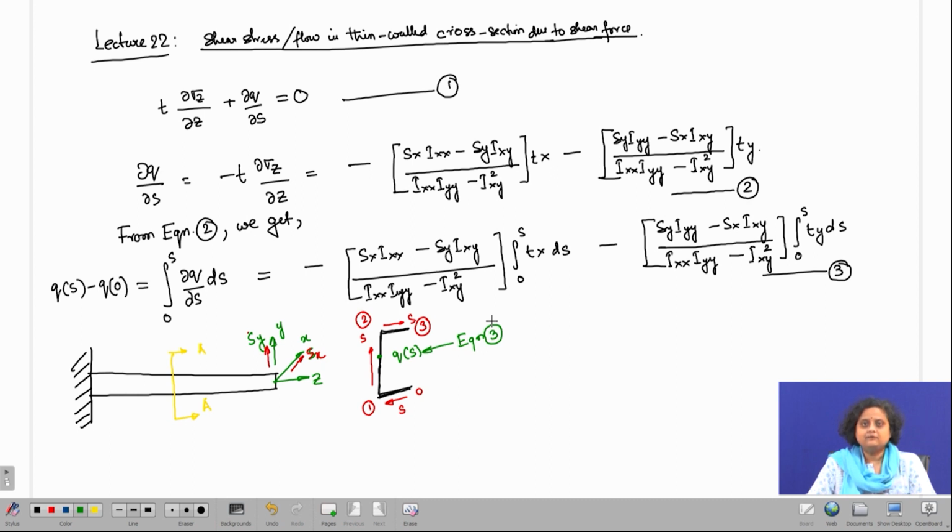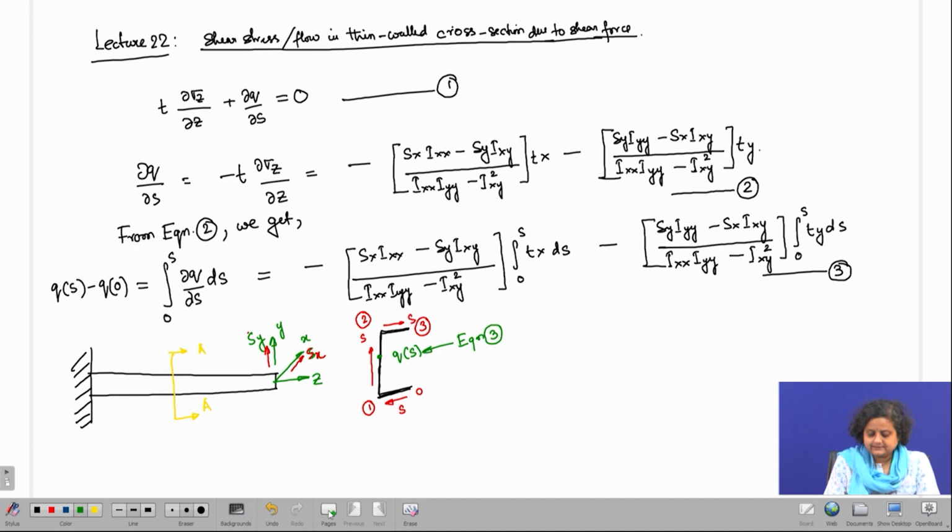However, when the shear flow arises due to applied shear forces, it varies along the cross section, along the coordinate s. That is the essential difference between the shear flow produced by a torsional moment and the shear flow produced by shear forces Sx and Sy.